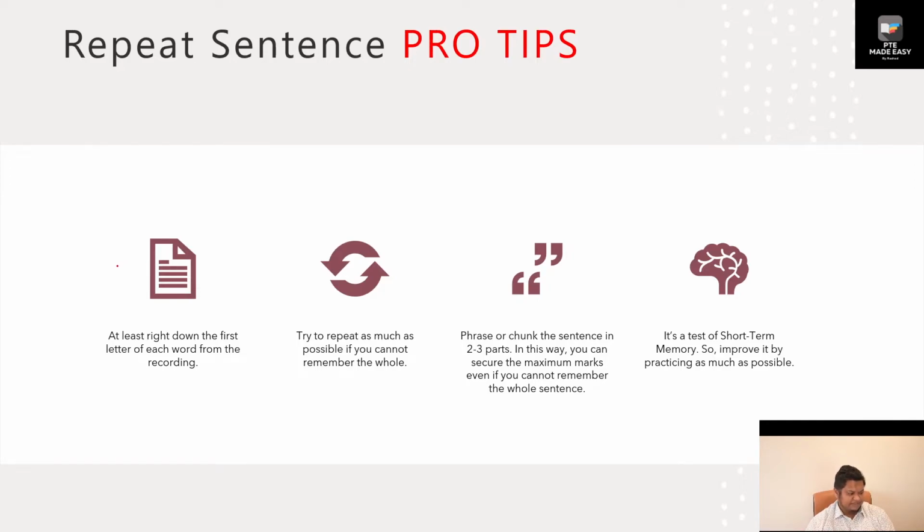Like I said, this is a very common strategy that students use: write down the first letter of each word and try to repeat as much as possible. It may not be possible for you to remember all 10 or 12 questions as they are, but in that case, try to remember as much as possible. And that has to do with the marking criteria, where it says you have 13 marks each.